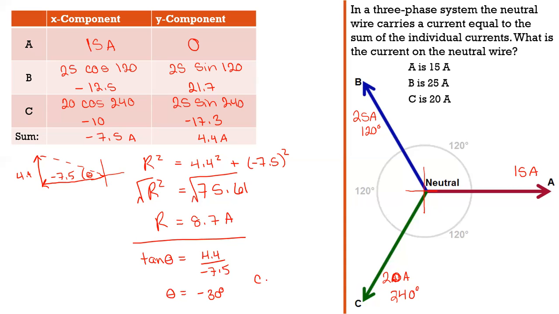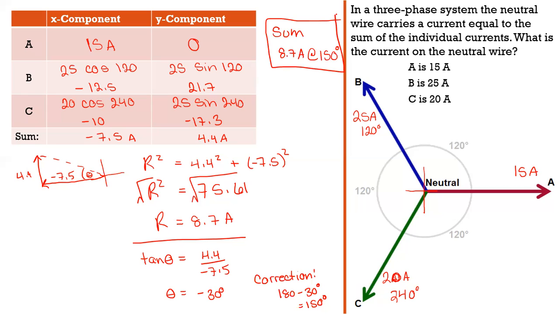So the correction is 180 minus 30 degrees, which equals 150. Okay, so the sum vector is equal to 8.7 amps at 150 degrees.